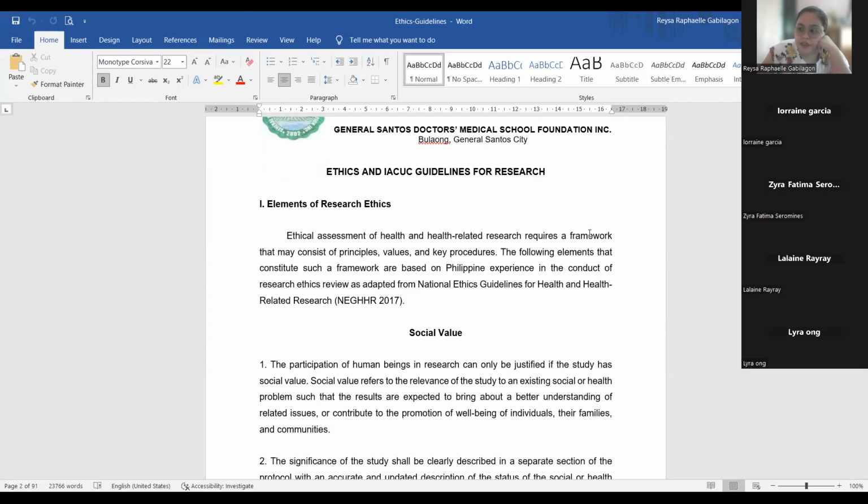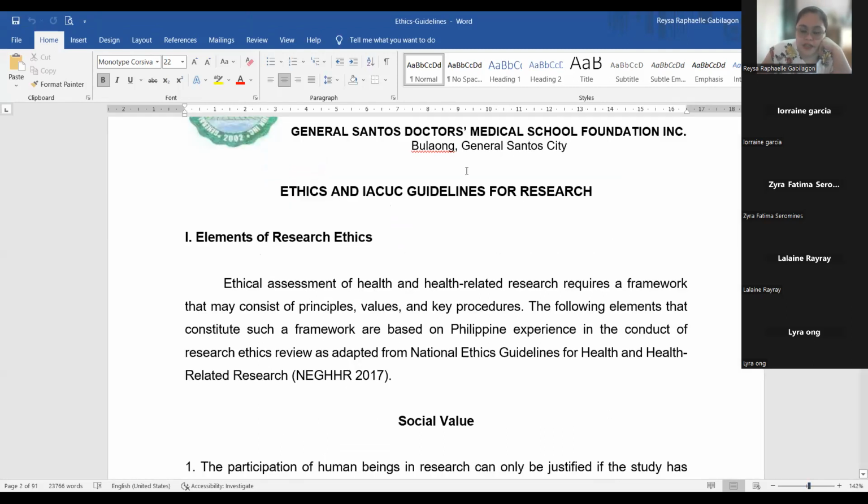You really have to identify what ethical considerations or ethical principles or elements you need to consider in your study in order for you not to violate any rights or any ethical elements here, class.